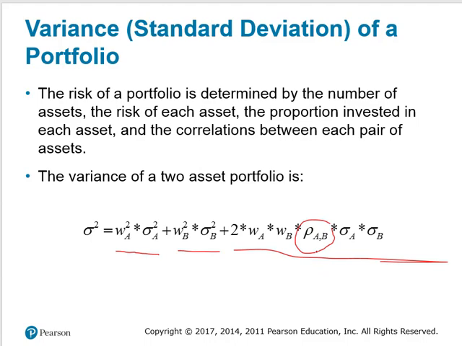But if the correlation were 0, then this entire part of the equation now is 0, and obviously the variance of the portfolio goes down. But what if it's negative? What if it was negative 0.5? Then this entire quotient is negative. So now A brings risk, B brings risk, and now we have a subtraction of that risk.